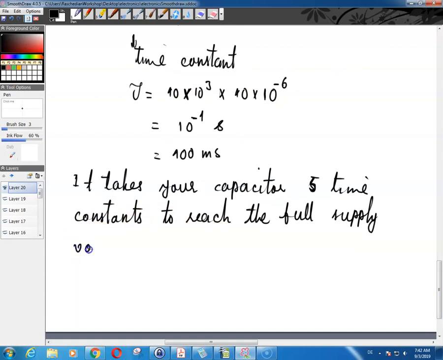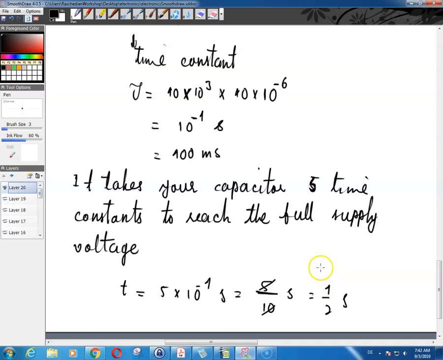So it's going to take your capacitor T equal to 5 times 10 raised to the power negative 1 seconds, which is 5 over 10 seconds, which is 1/2 a second, or half a second.